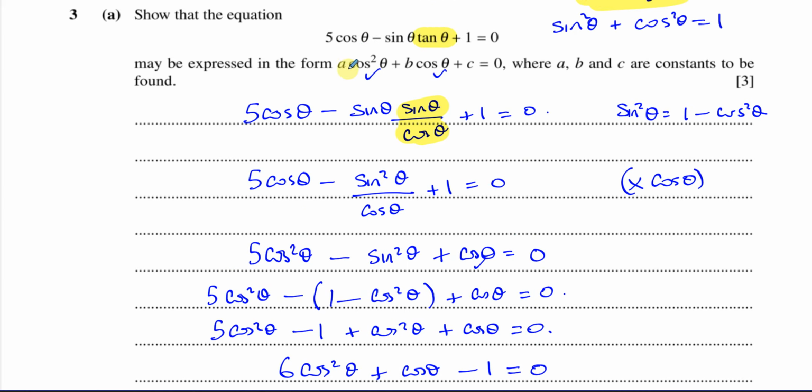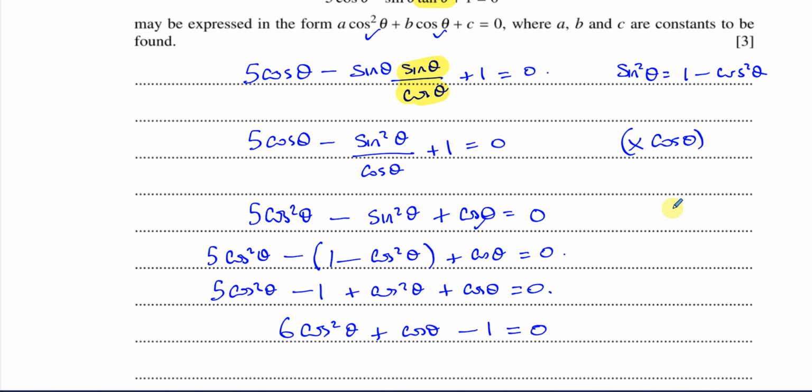So now we have rewritten it in this form. We don't have to write the values of A, B, and C. This is fine as we've written it, but if you want to, you can. You can say that A is equal to 6, B is equal to 1, and C is equal to negative 1. You don't have to write this, as I said. You can just leave it in this form, and that's fine.